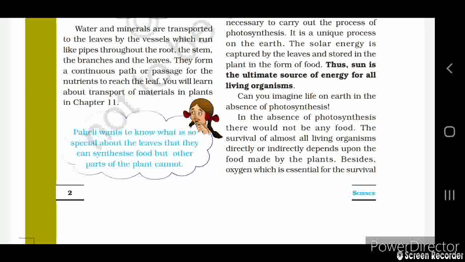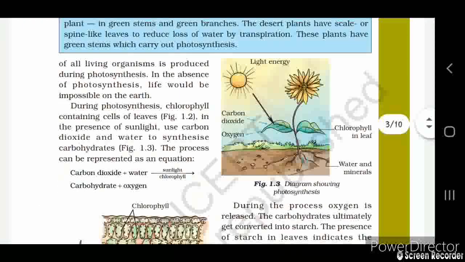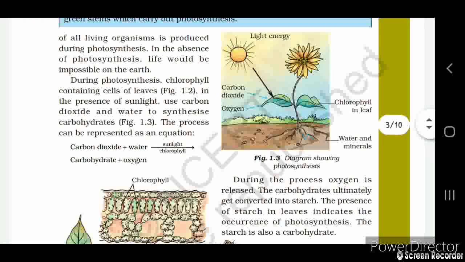The survival of almost all living organisms directly or indirectly depends upon the food that we get from the plant. Besides, the oxygen that is essential for survival of all living organisms is also produced by photosynthesis in plants. In the absence of photosynthesis, life would be impossible on the earth.